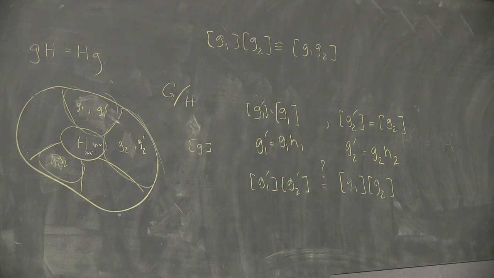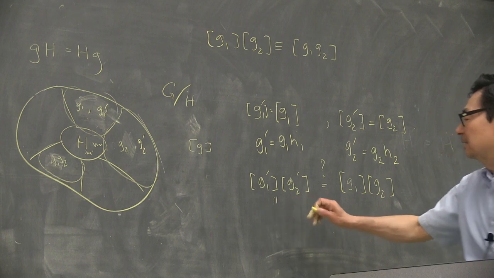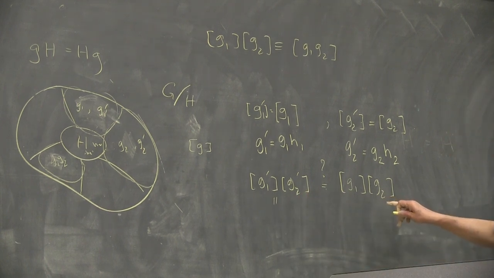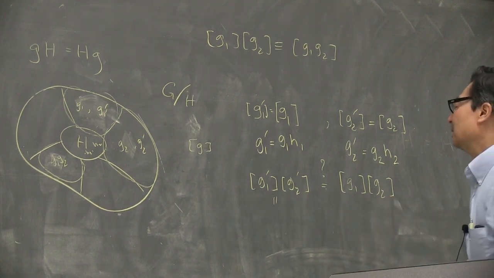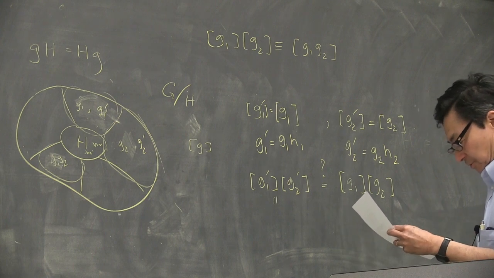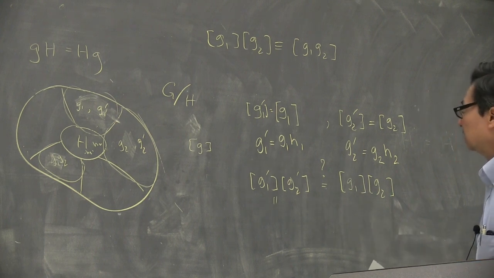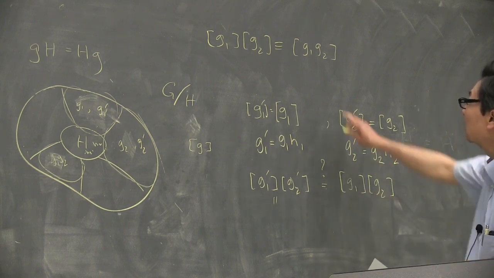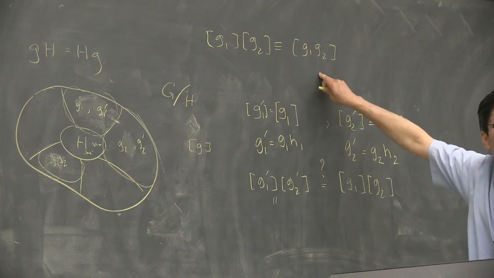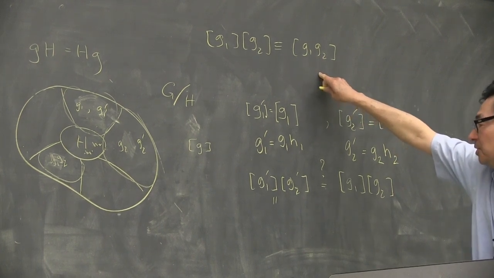Okay? So let me start from this side in here, and I'm going to end up on this side. Making use of these two relationships, but first, let me make use of the definition for the quotient group multiplication.